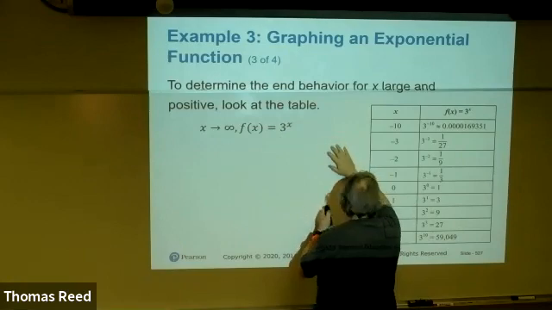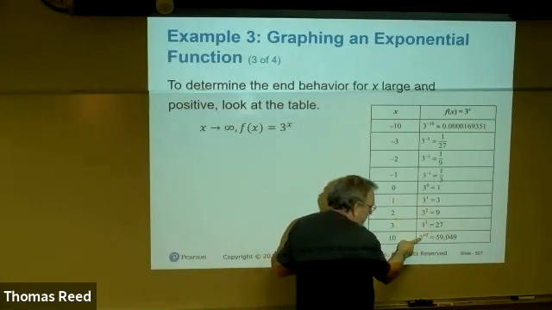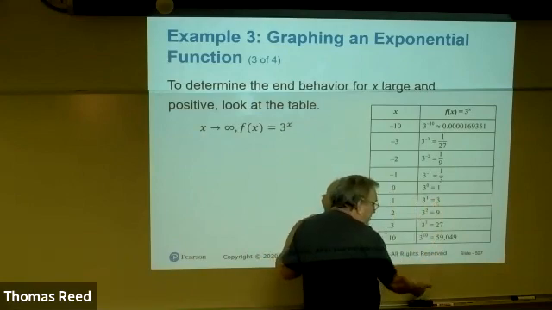And as x gets bigger and bigger, what happens to f of x? Well, f of x gets bigger and bigger. As x gets bigger, the y values get very huge very quickly.